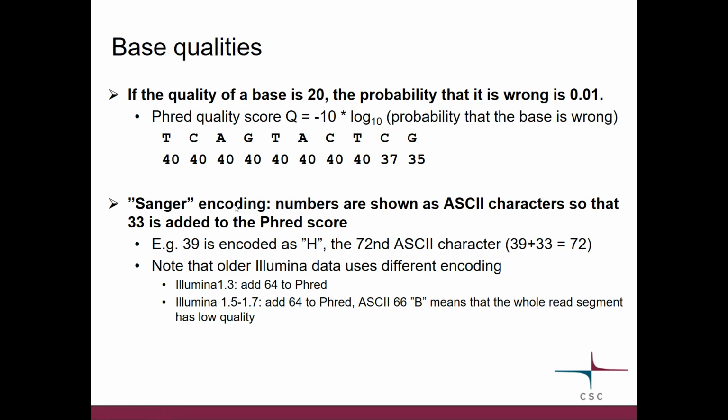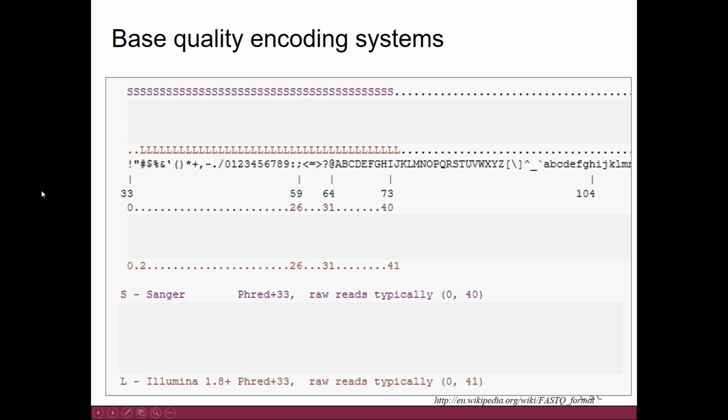So let's have a look at the ASCII alphabet, which is shown here in black. You can see that it includes letters and numbers and some special signs. And now it has been decided that the ASCII character 33, which happens to be the exclamation mark, equals 0.